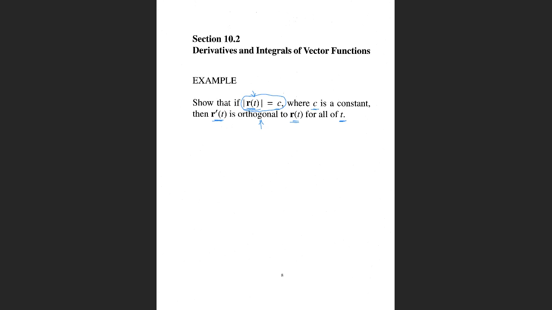Okay, and this result is going to be very, very important for a problem for section 10.3 in particular.